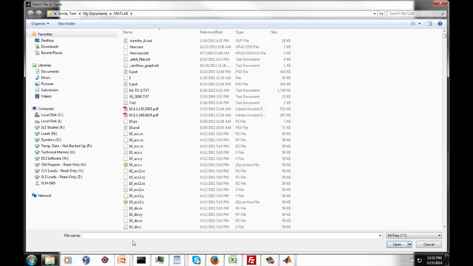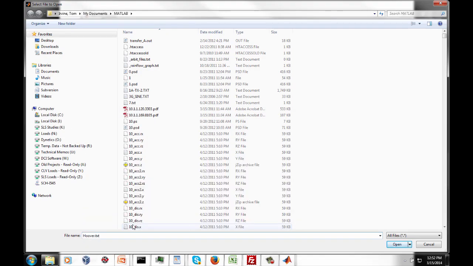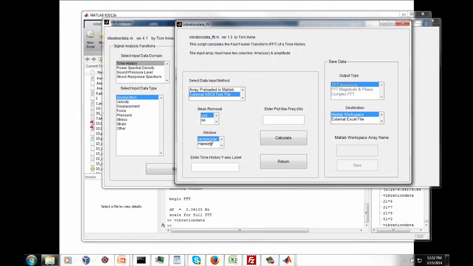This will be hoover.txt, so I'm just going to type in hoover.txt. Mean removal, yes. Do a Hanning window. We're back to unscaled sound pressure. We have no idea what the decibel level is. That was not measured. Plot up to maybe 200 hertz. Calculate.